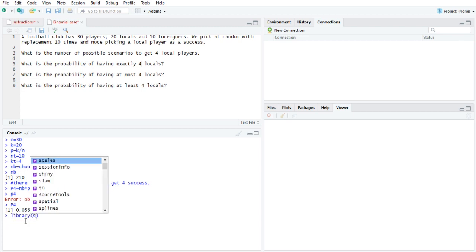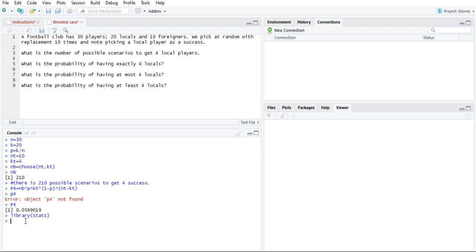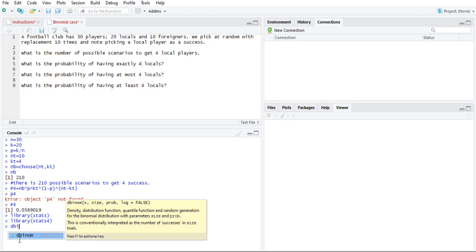We can use another function which is dbinom, but first we need to load the required packages, stats and stat4. So we make the same calculation using dbinom. The first argument is the target value, the second the size, the number of trials, and then the probability of success.